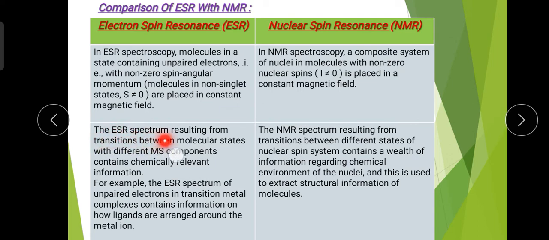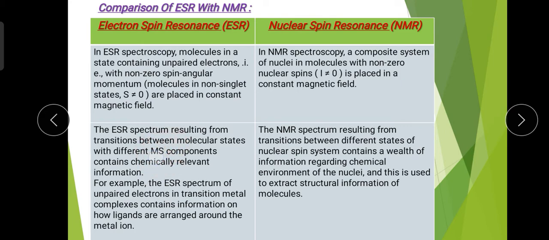The ESR spectrum resulting from the transition between the molecular states with different MS components contains chemically relevant information. That means in ESR we are generally interested only in electron spin, and there is a transition between two energy levels with different MS values, where MS is the magnetic spin quantum number.